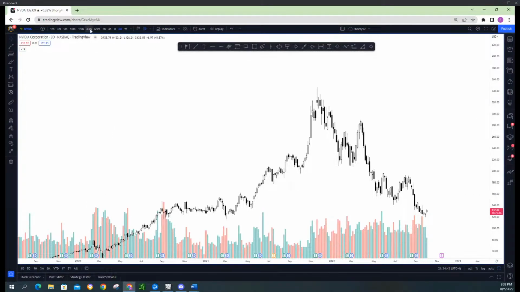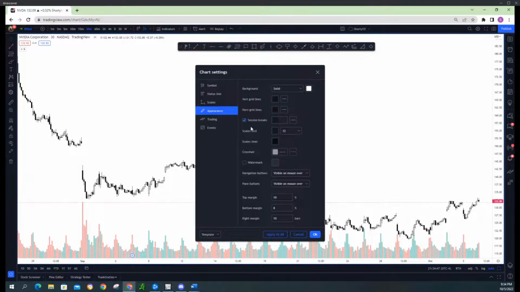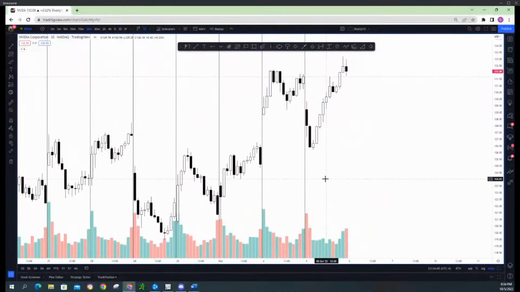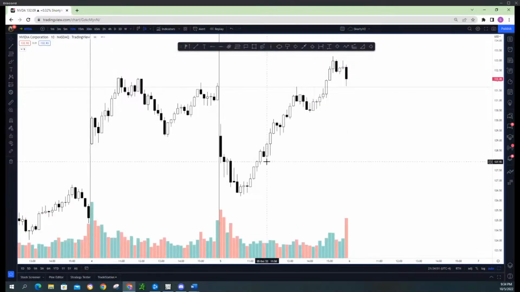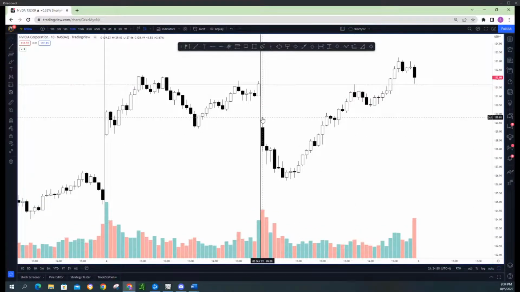Does anyone know how they're derived? The ORB fibs? Yeah, based off the high at 10 a.m. Yep. So it's from 9:30 to 10 a.m., right here.